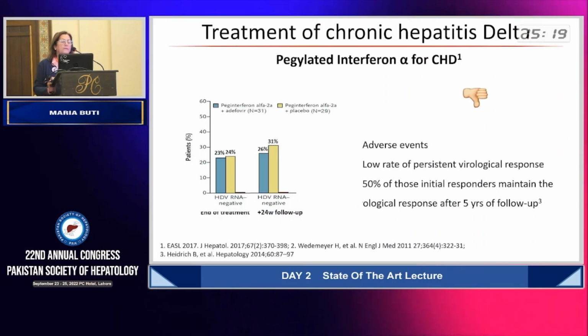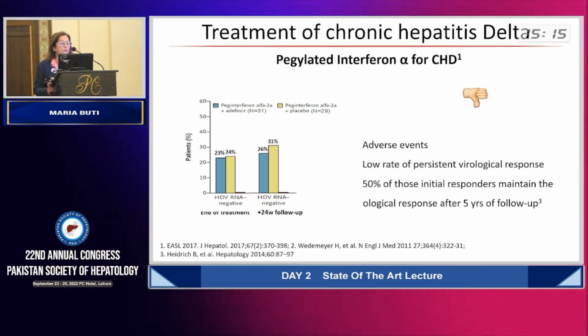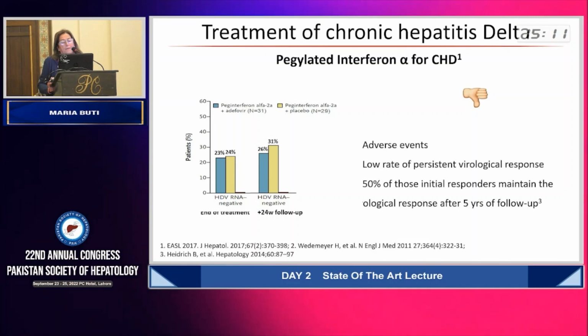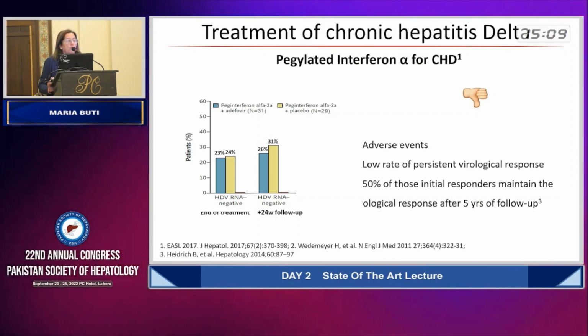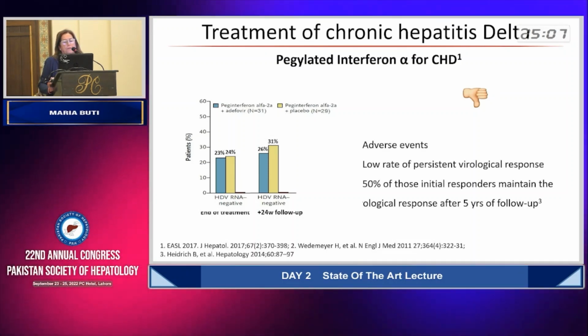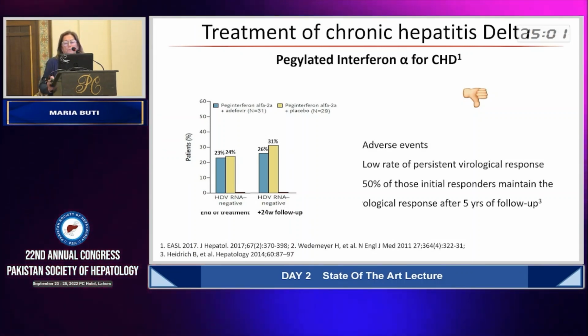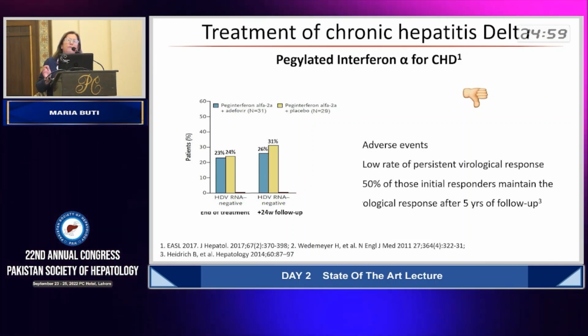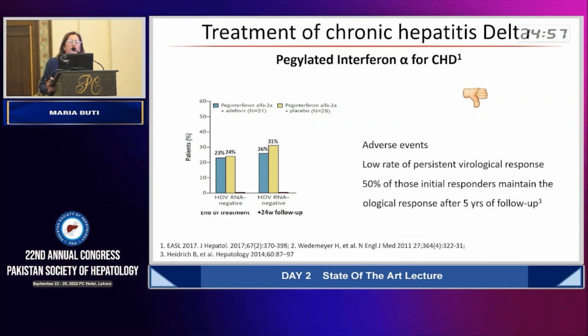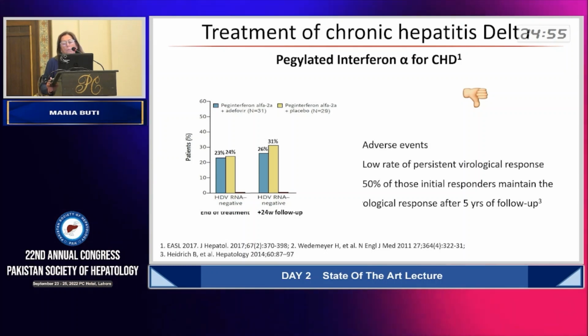These are the results using interferon in patients with chronic hepatitis delta. At the end of treatment, a quarter of them achieve undetectable viremia. This undetectable viremia seems to be maintained over a short period of time, but if you follow these patients longer, more than 5 years, the majority of patients relapse.